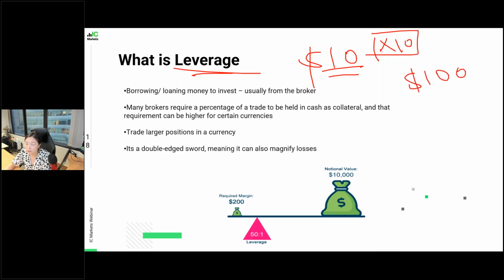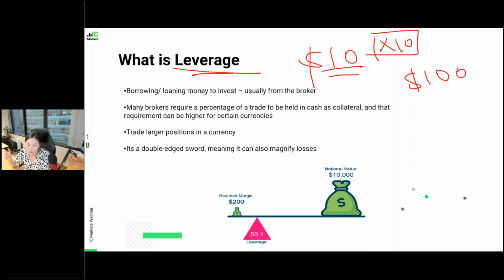Leverage means how much you can enhance your original amount. If you put in $100, 10 times leverage means you get a $1,000 account.